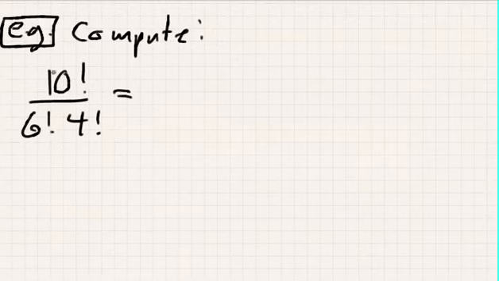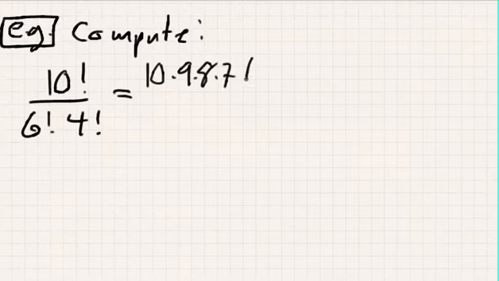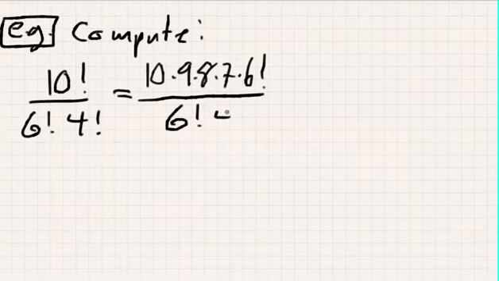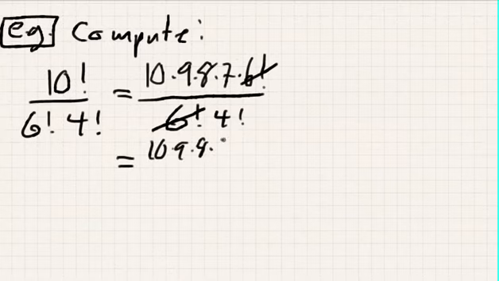I can write 10 factorial out until I get to, say, 6, and then I'll have a 6 factorial on top to cancel with the 6 factorial on the bottom. So I get 10 times 9 times 8 times 7 times 6, and I stay with the 6 factorial. Why don't I go down to 4 factorial? Because 6 factorial happens first, so it's less for me to write down. So I can cancel out the 6 factorials, and I'm left with 10 times 9 times 8 times 7.